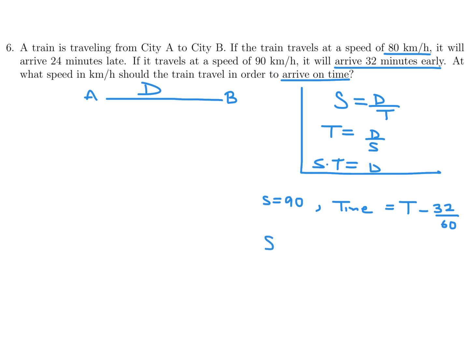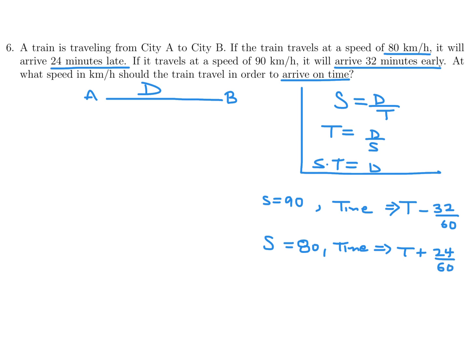Okay, so let's hopefully get this right the second time. If the speed is 80, then now the time would be 24 minutes late, so it would be T plus 24. It would be 24 over 60, of course, because I got to convert it to hours.